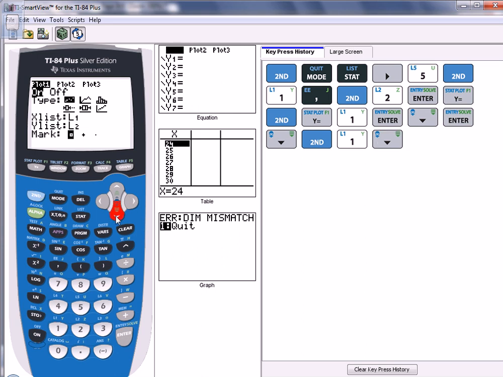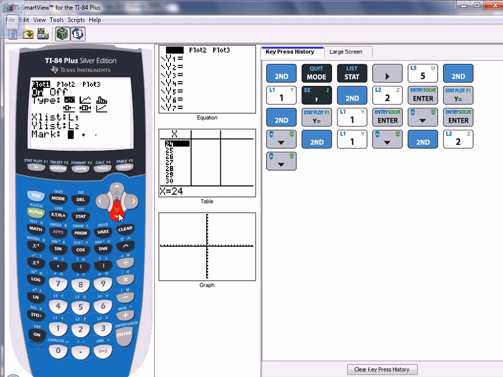Where did you put your Y list? Arrow down and hit L2, second 2. And then you get to pick how you want it to mark the data: the open circles, the little crosses, or the dots. It doesn't matter what you use. So now we've turned our plots on.